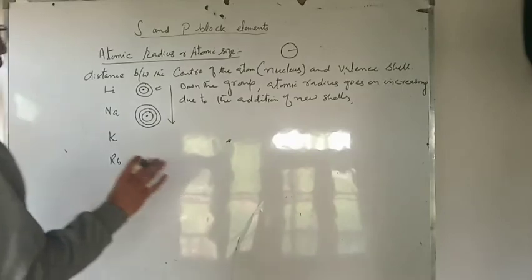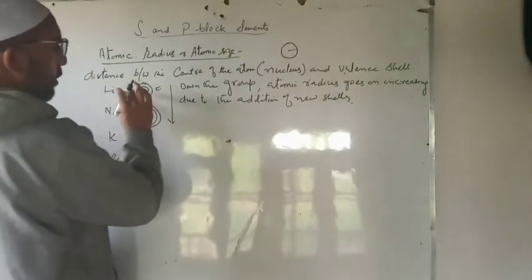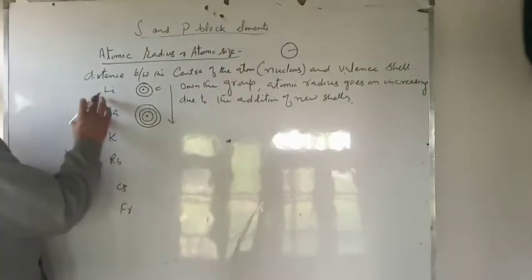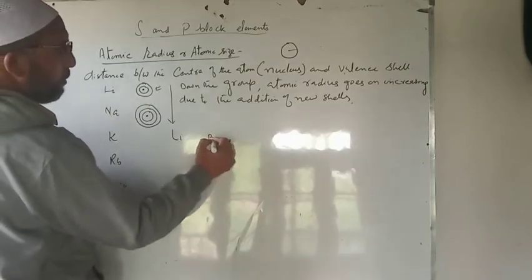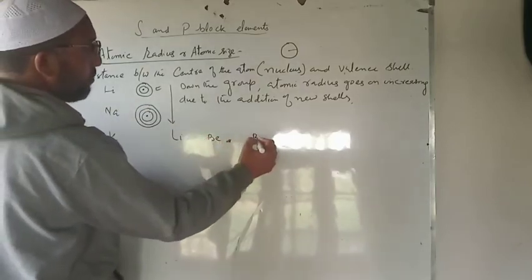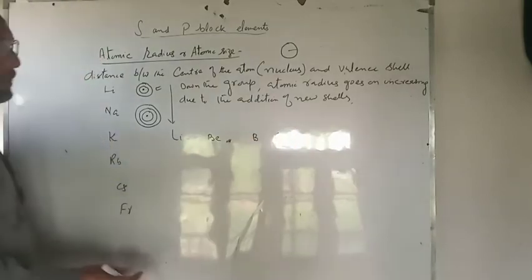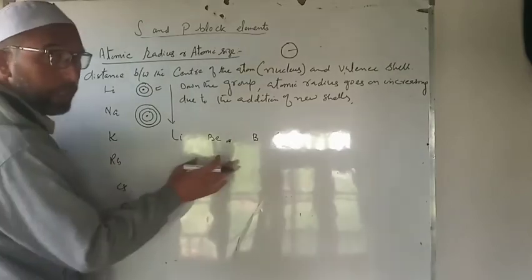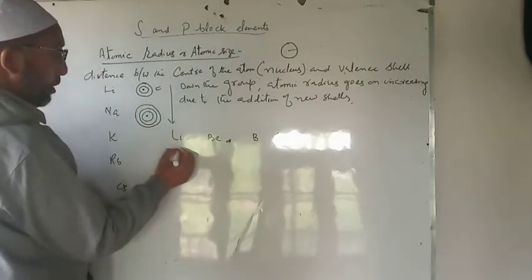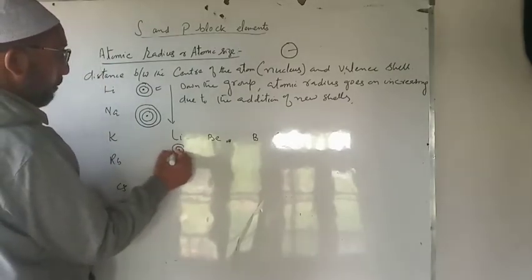But at the same time, if we move from left to right, suppose there is lithium, after lithium there is beryllium, then boron, then carbon, then nitrogen, oxygen. When we move along a period from left to right, we observe that the number of shells remains the same.